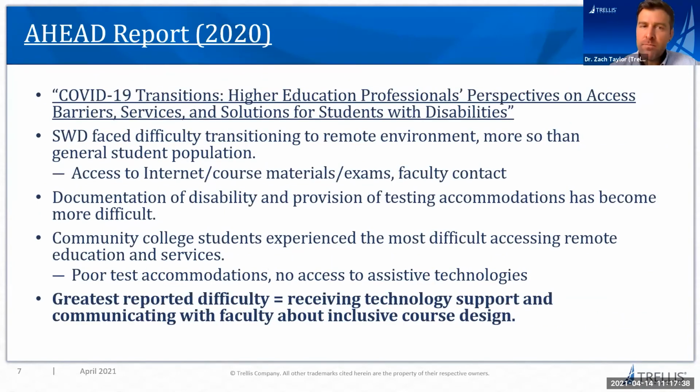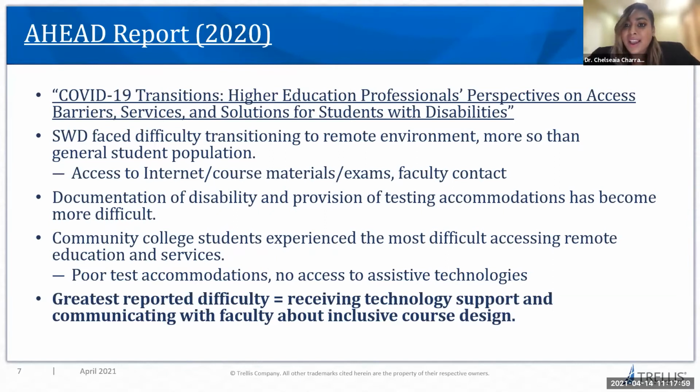I wanted to mention, before I talk about this report, that in 2013, the statistic was 11% of the population in higher education institutions have a disability. So that's a lot of people. And I'm sure it has increased from 2013 to now.